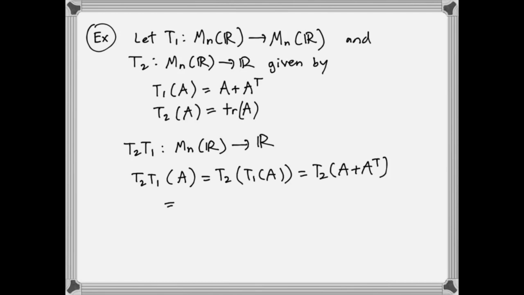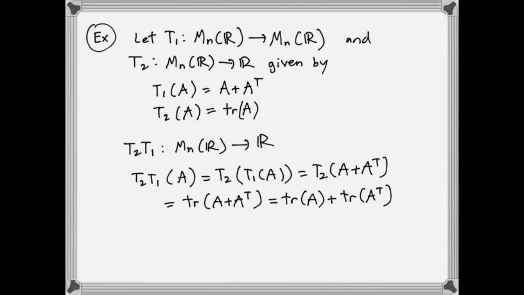And then hit it with T2, which is just to take the trace, you get the trace of A plus A transpose. But by properties of trace, we can write this a little bit nicer. However, the trace of A transpose is the same as the trace of the original matrix, right?